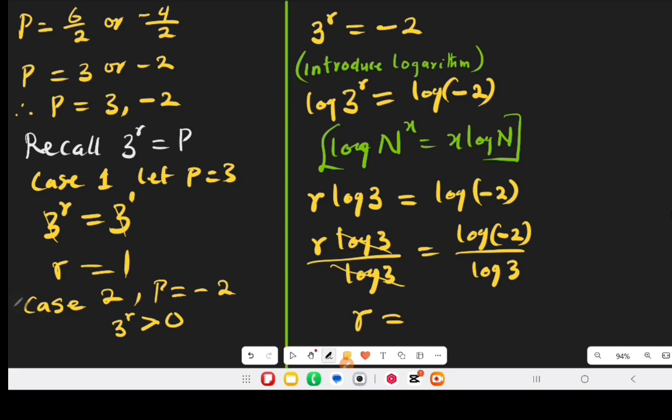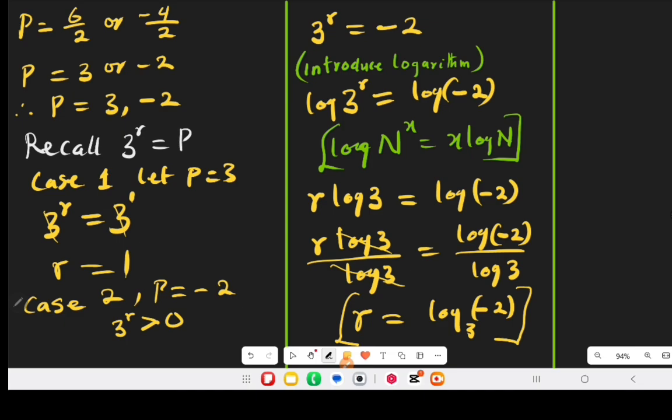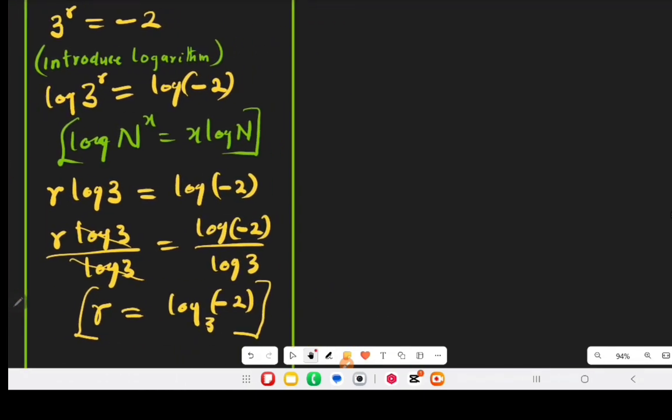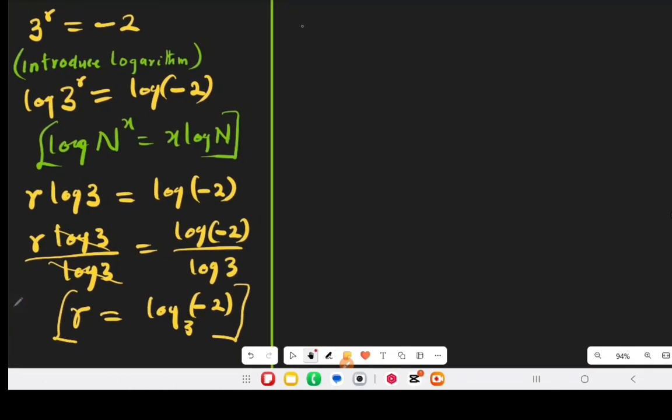To change it to base 3, we have log of minus 2 in base 3. We will stop here because it will be a complex number. So the final answers are r equal to 1, comma, log of minus 2 in base 3.